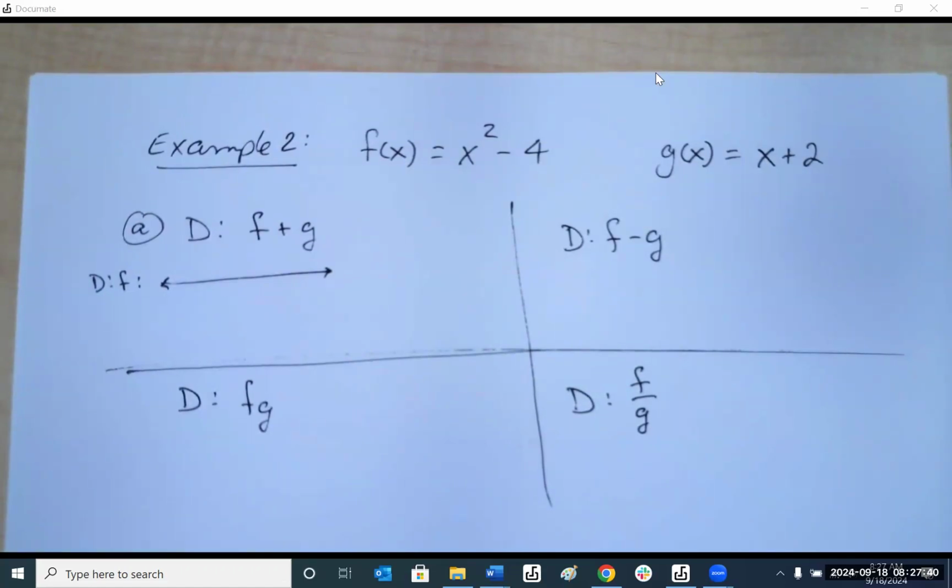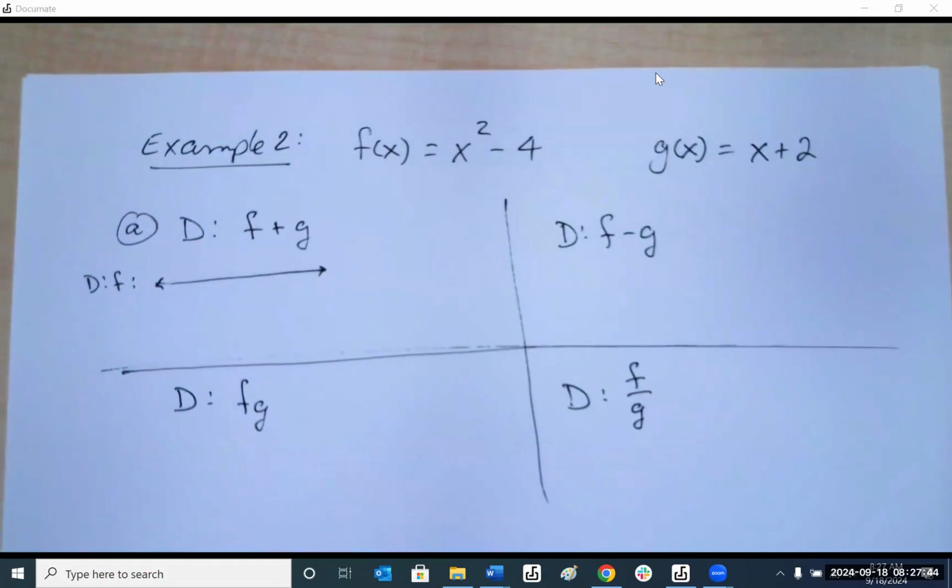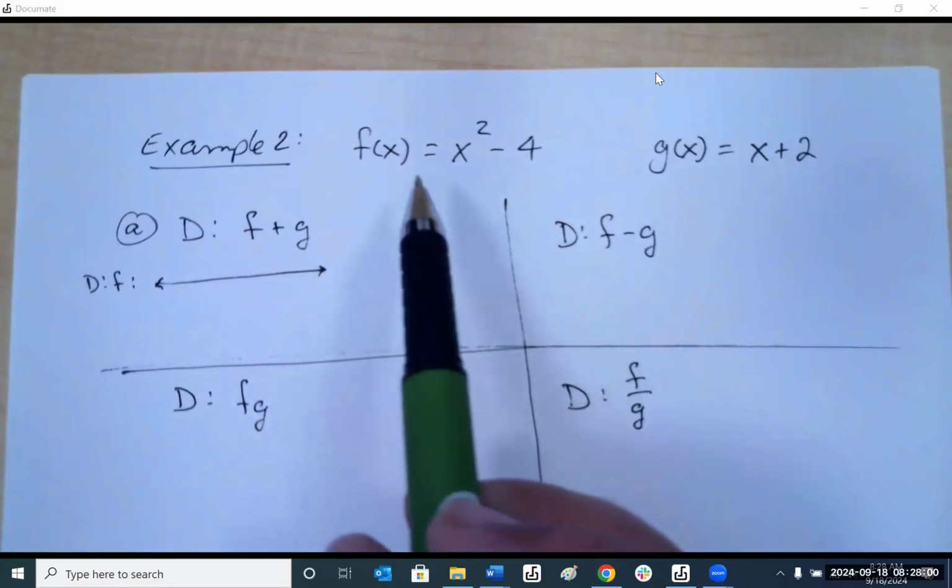Look at the thing we did last time. Look at the library of functions we did last time. I gave you the blank one, but we did it in class last time. It should be in your notes. What kind of function is f?